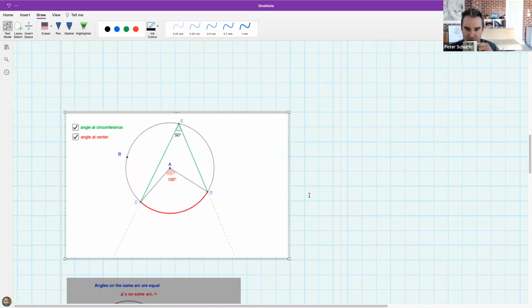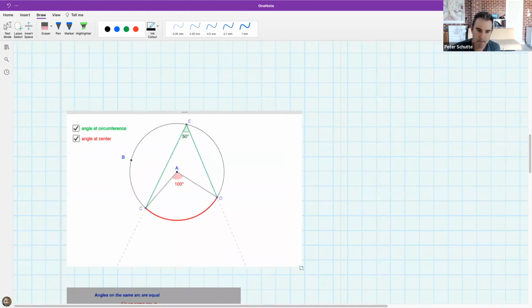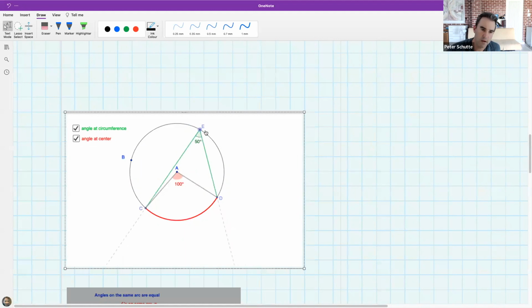Very good, Umta. How are you? I'm good, thank you, sir. Tell us what's going on. Practically, what's happening in this diagram is that any angle subtended from a circumference to a circumference, or that has an arc below, the angle at the center will always be 2 times the angle at the circumference.